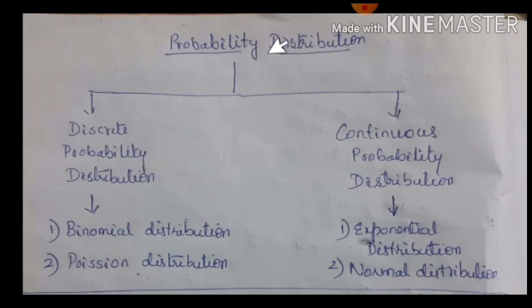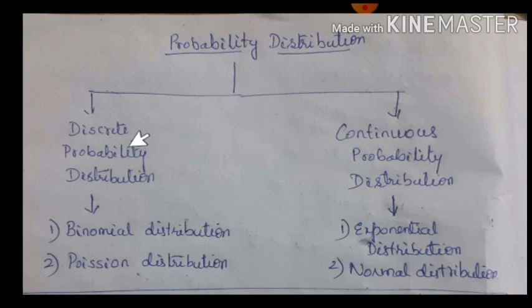Already we have studied that in probability distribution we come across two types: one is discrete, another one is continuous. Discrete, where a countable number of random variables you are going to get. In continuous, a non-countable number of random variables you are going to get.